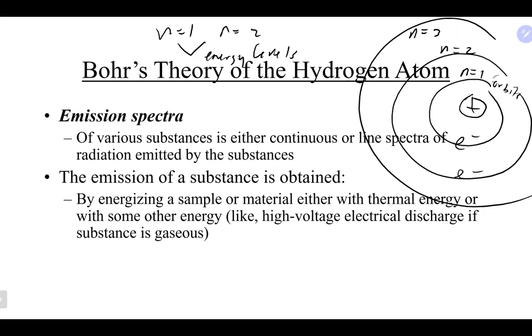And as the electrons transitioned, say from a higher energy level to a lower energy level, it would have to give off that energy in the form of a wave that has a particular wavelength associated with it. And as a result, it would give off some type of emission.